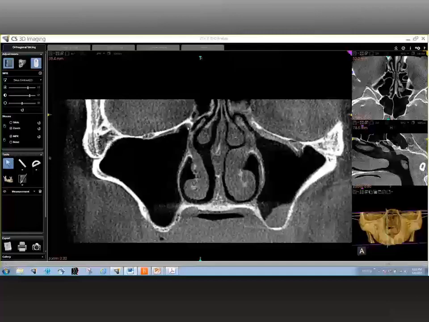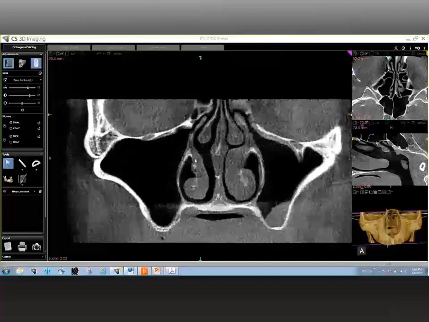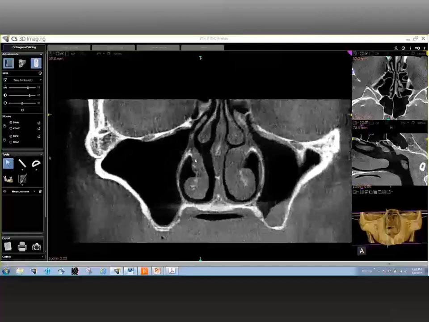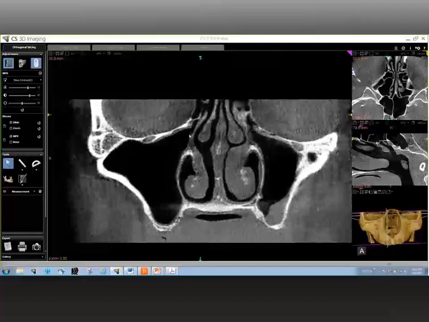And then you have the medial wall of the sinus. Now, the medial wall of the sinus does not seem to be continuous because it is actually a very paper-thin wall, and some parts of it may not be captured while scanning. But those are the most important anatomical structures that you see. Now, besides that, if you look carefully, it also demonstrates a very important structure that is called the ostium.